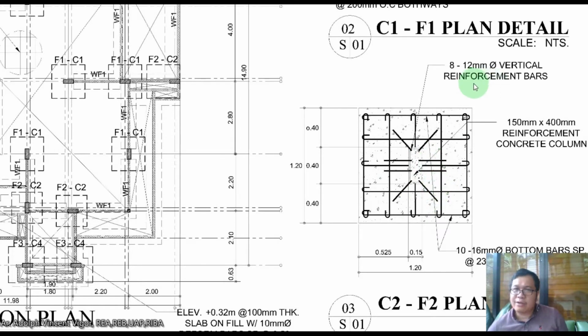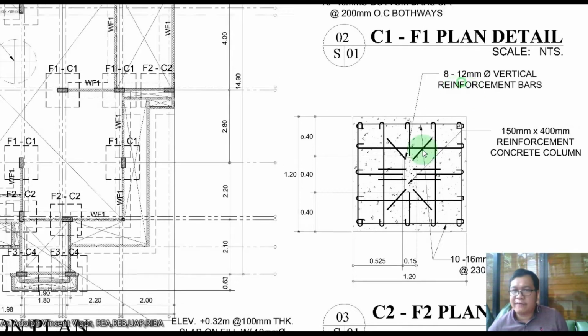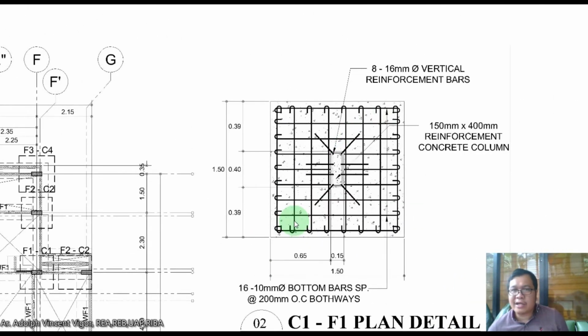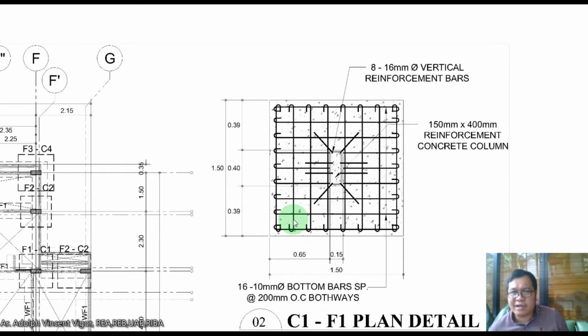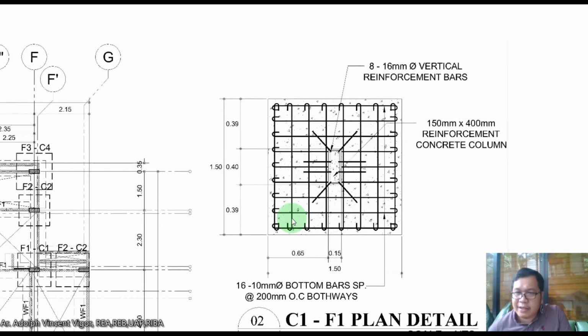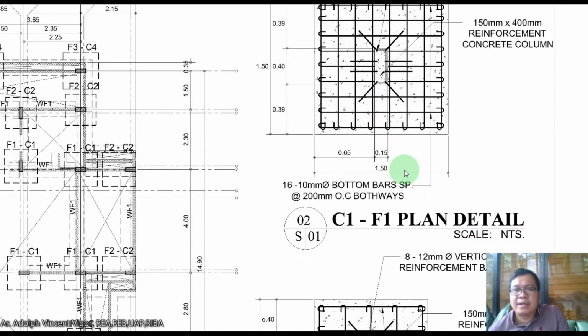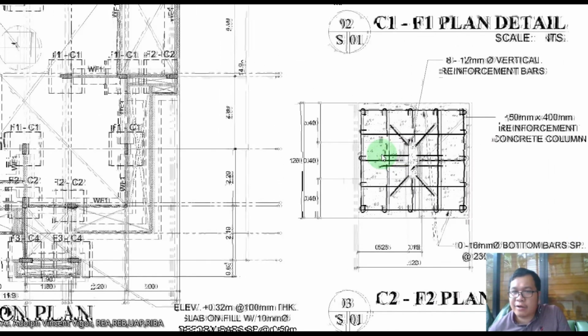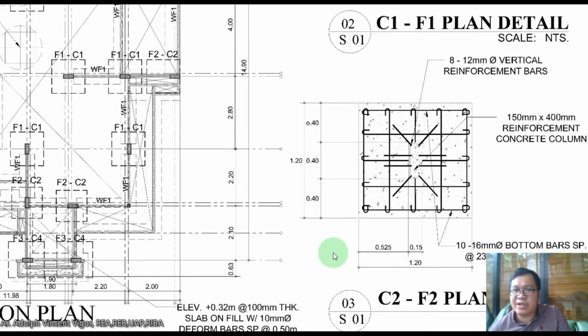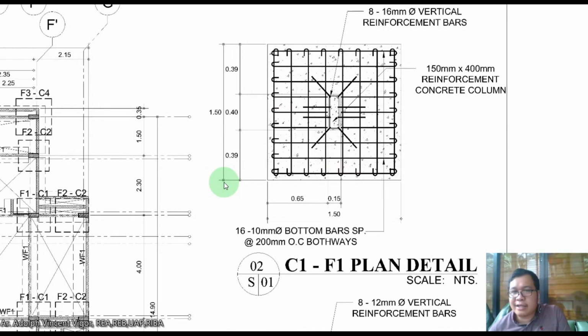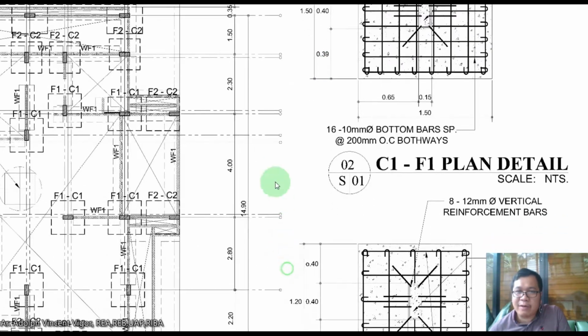Here there are 8 12 millimeter vertical bar reinforcements, but here there are 8 16 millimeter bar reinforcements. So I think that's the main difference. Then the other difference is the size of the foundation, because here it's 1.2 by 1.2, while in C1F1 it's 1.5 by 1.5.